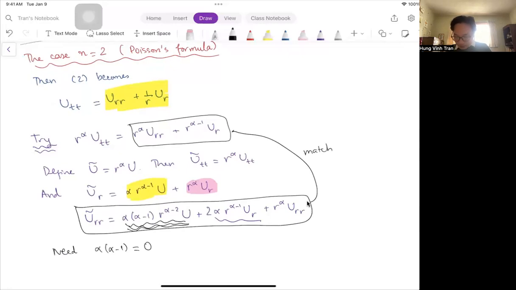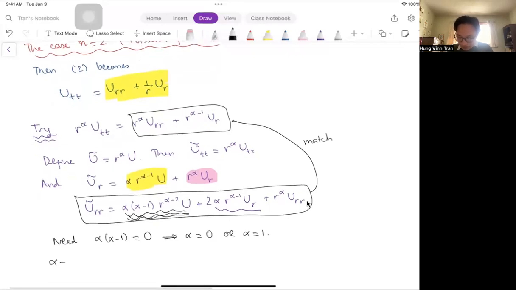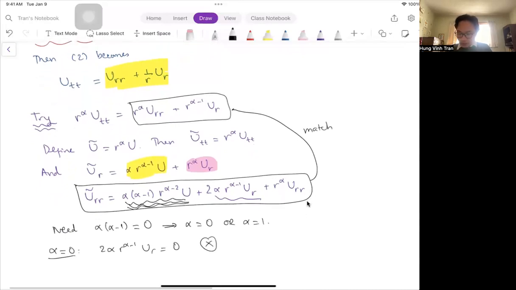So that would mean that I have either alpha equal to 0 or alpha equal to 1. If alpha equals 0, then 2 alpha r to the alpha minus 1 u_r would equal 0. So this doesn't match with r to the alpha minus 1 u_r, right?